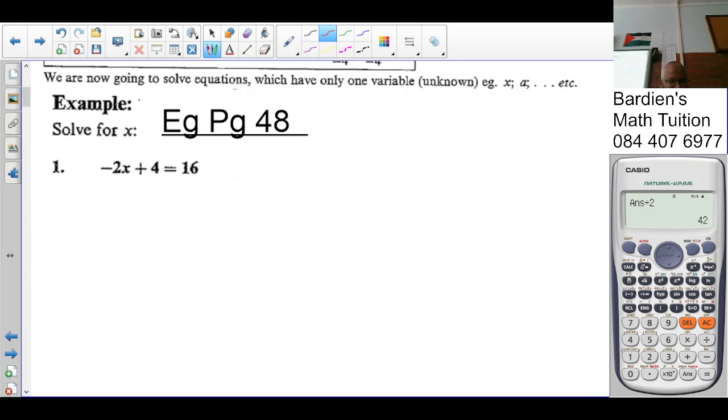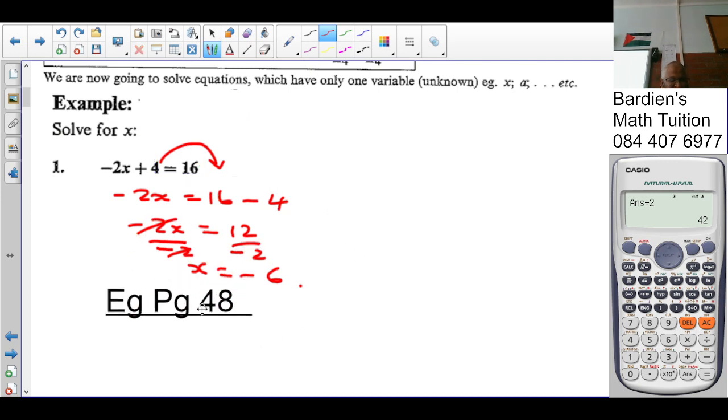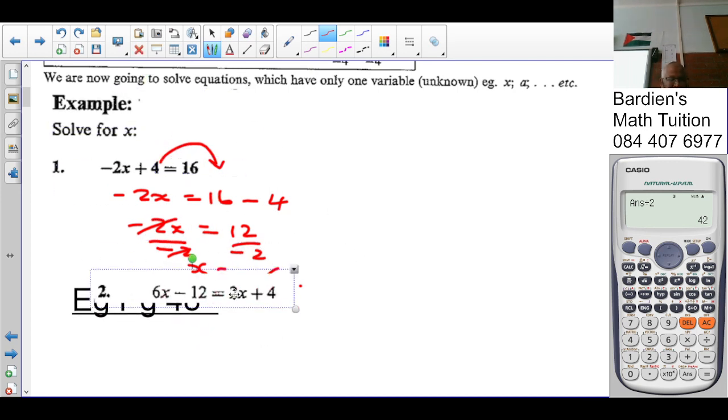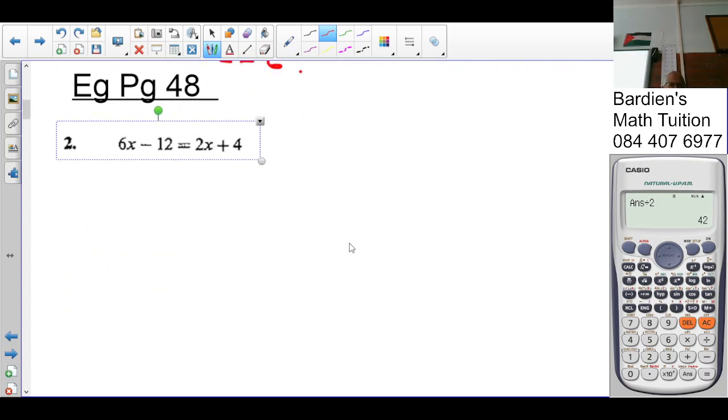Okay, here we go, number 2. People, there's number 2. Example 2 on page 48.